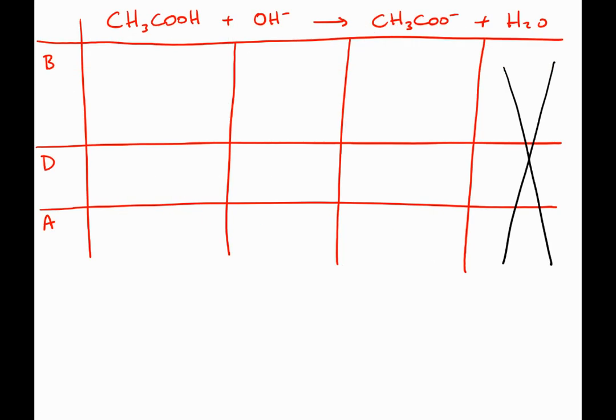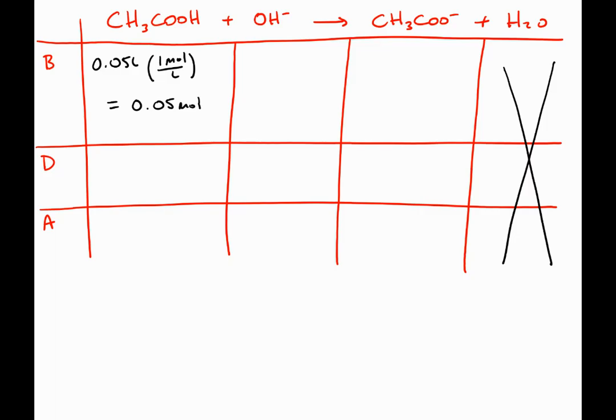So as always, when we do stoichiometry problems and one of these before, during, and after tables, you must find moles by multiplying molarity and volume. For the acetic acid, the volume of that solution was 50 milliliters, 0.05 liters. And the molarity of the acetic acid was 1 molar, so 1 mole per liter, giving 0.05 moles of acetic acid.